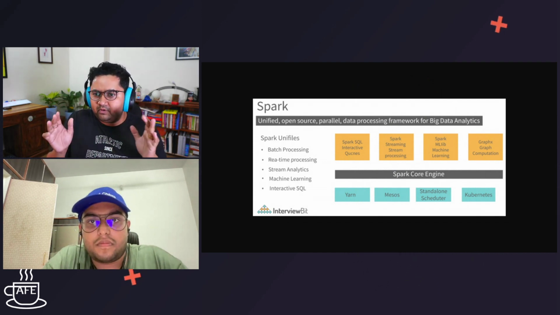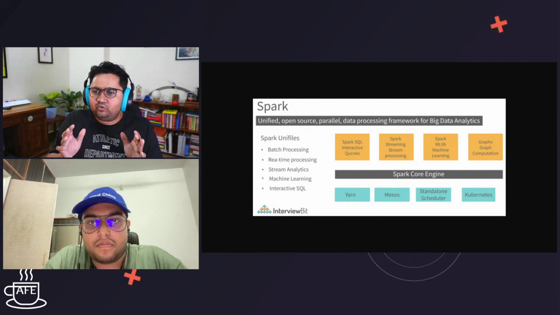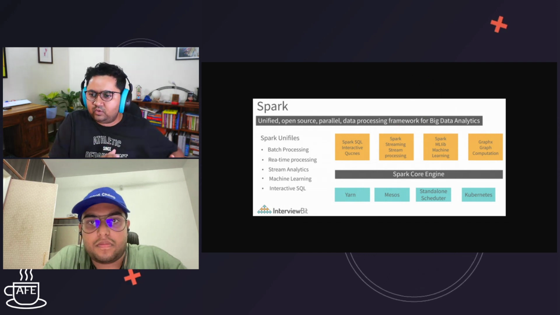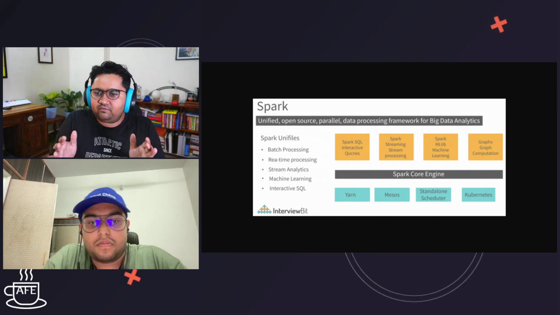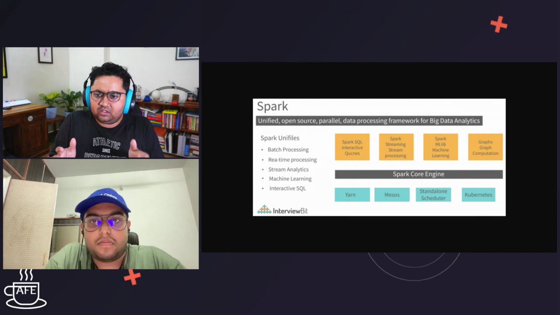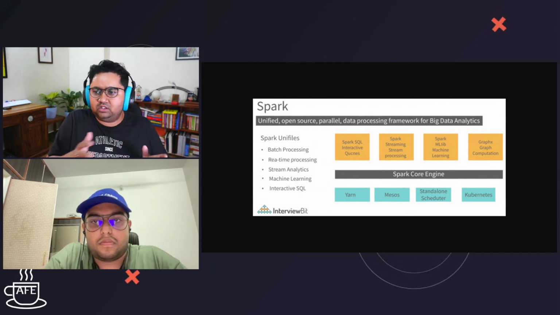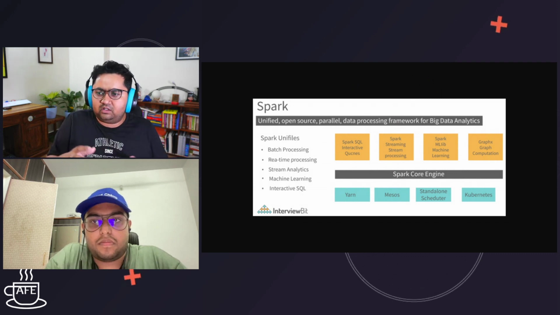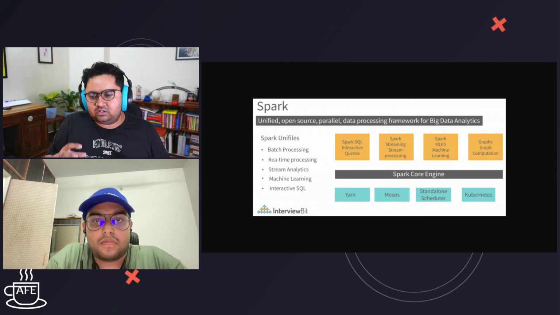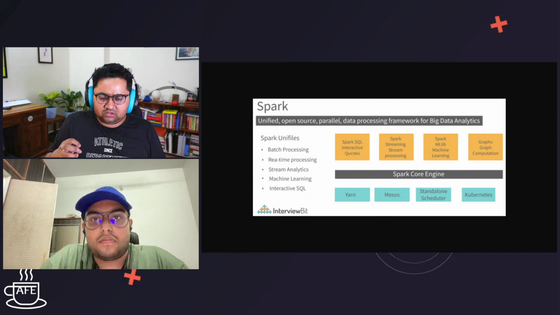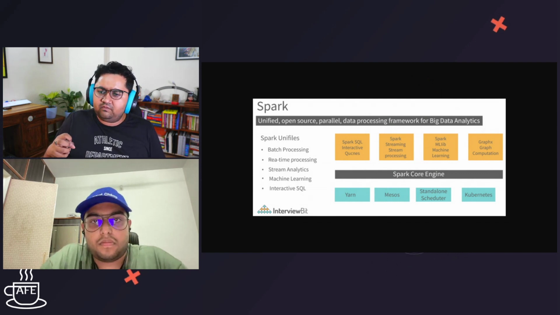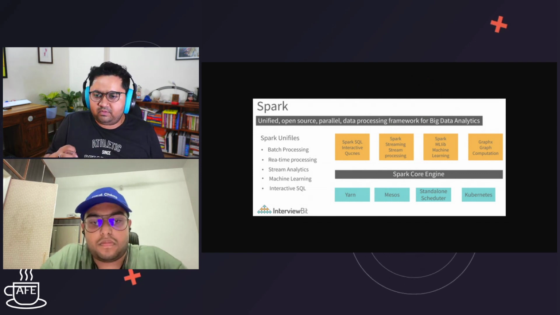And on top of it, even after being so powerful, they have respected SQL, where they have given interactive querying capability within Spark to work hand in hand with its other components. So Spark's query language, the Spark interactive queries, work very nicely with the Spark Streaming engine.